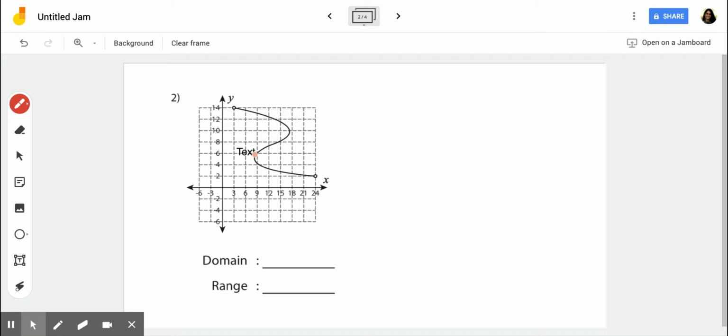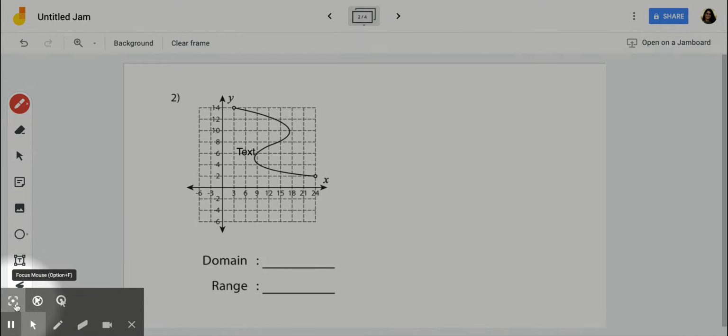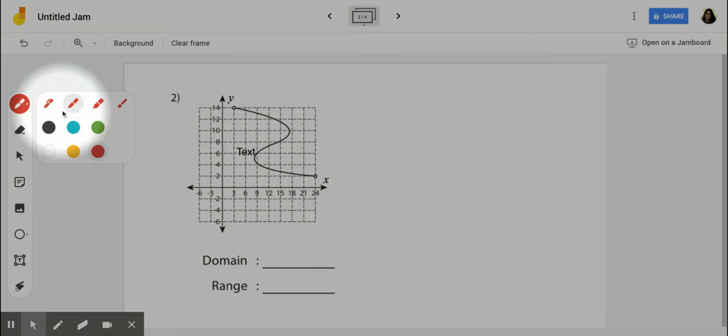Okay, number 2. So now we're going to go back and highlight. I have to ignore this highlighting thing that's going on here.